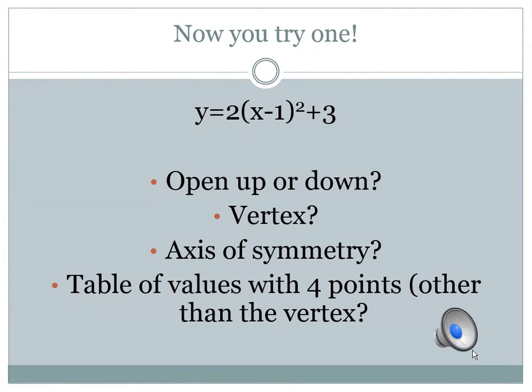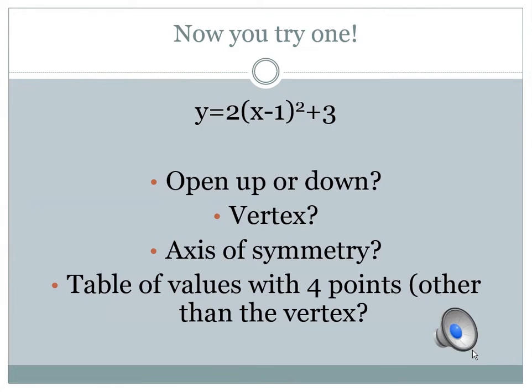Students were given a practice problem, and they will identify whether the parabola opens upwards or downwards, and the vertex as well as the axis of symmetry. Then they will make a table of values with 4 points other than the vertex. To identify whether it opens upwards or downwards, they should look at the value of a.